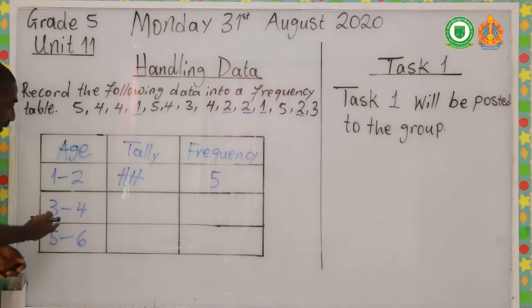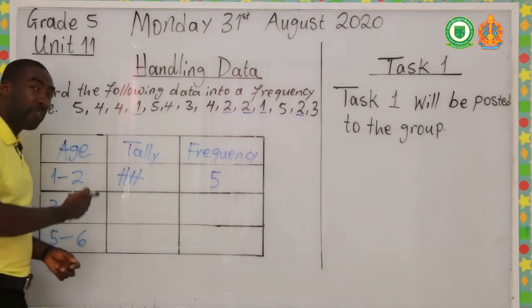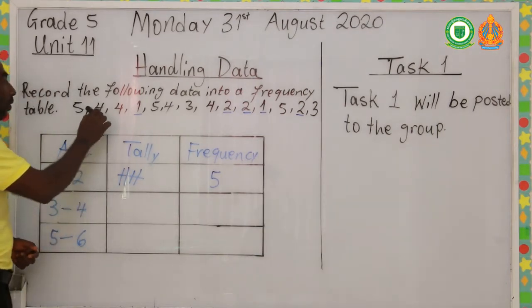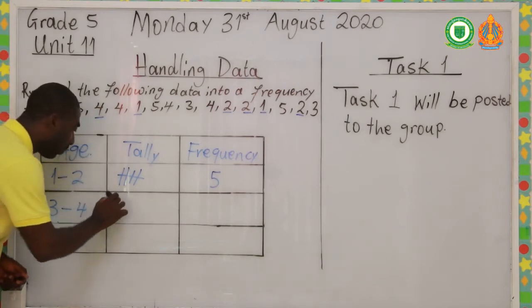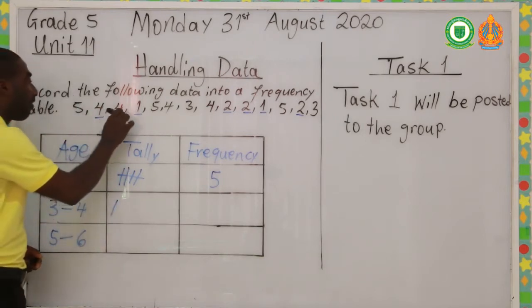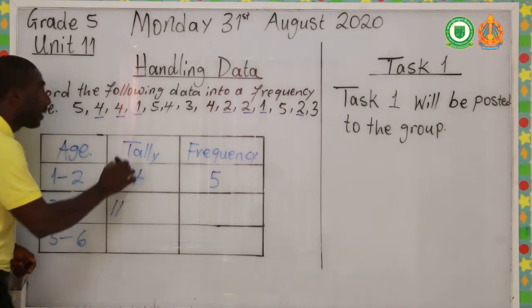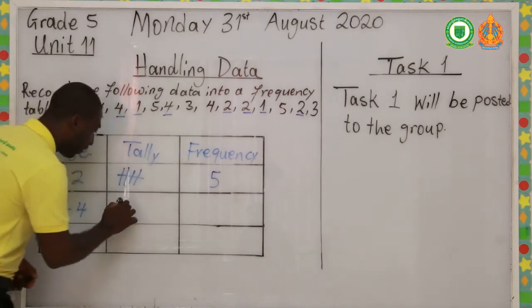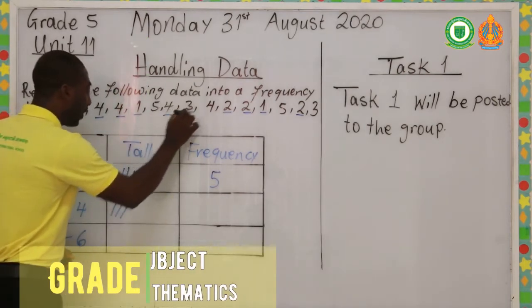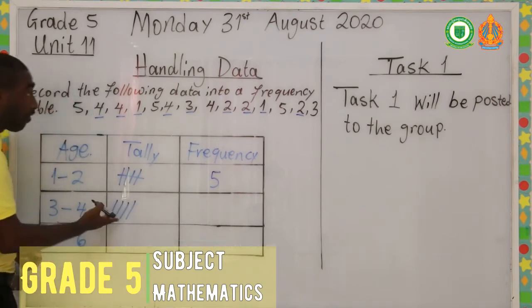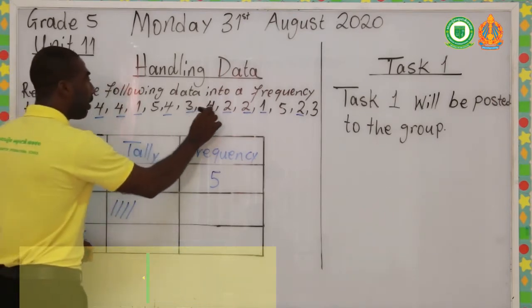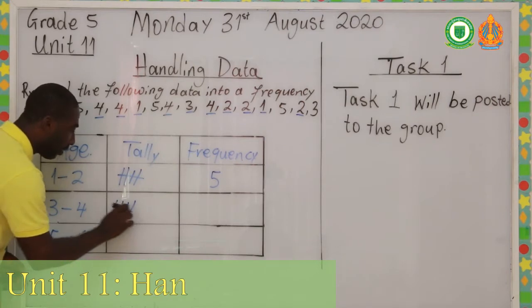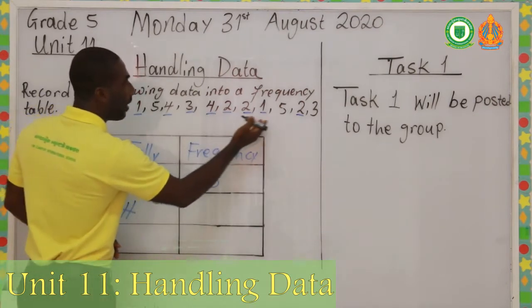Now we go to the age bracket of 3 and 4. We have 4 here. We make our mark. We have another 4. We make another mark. 4, 3. So we have 4 sets already. And then the 5th one, you cross. Is there any other 4?